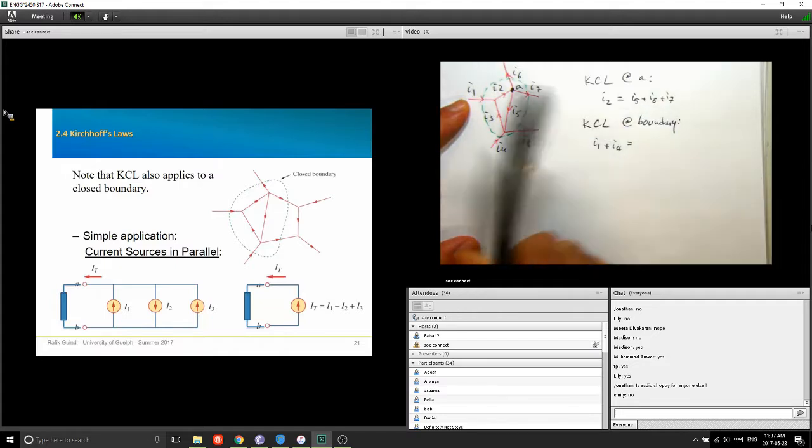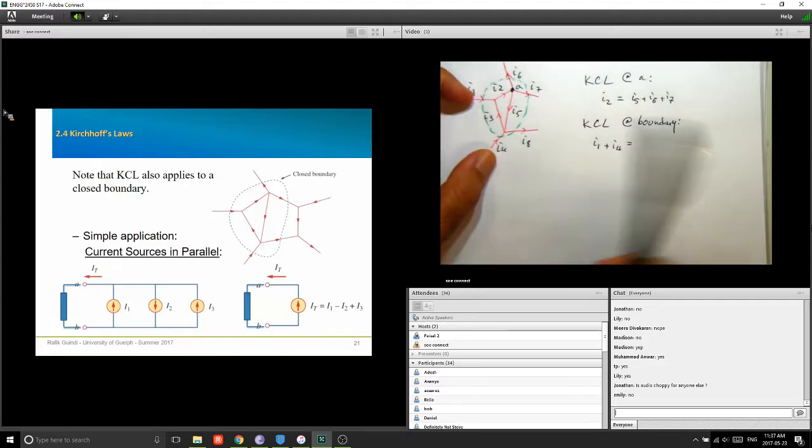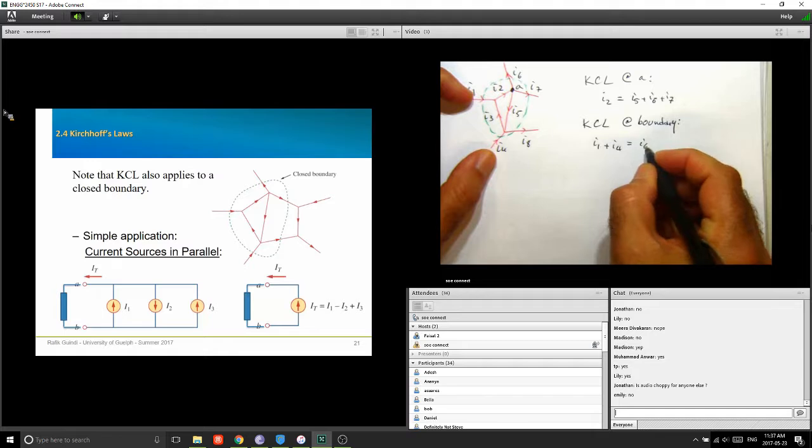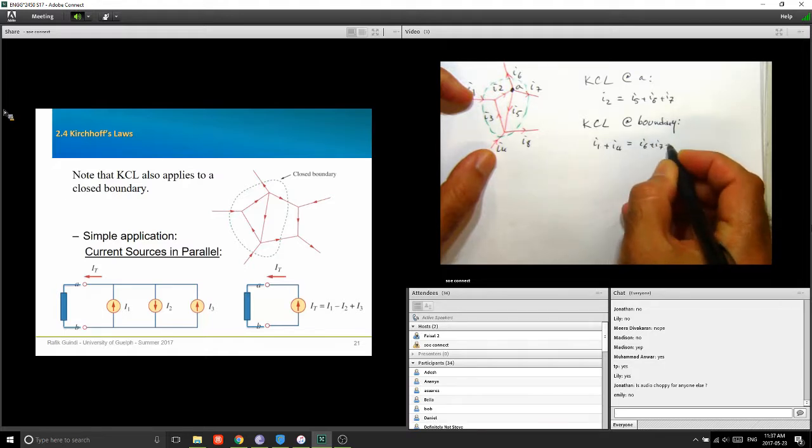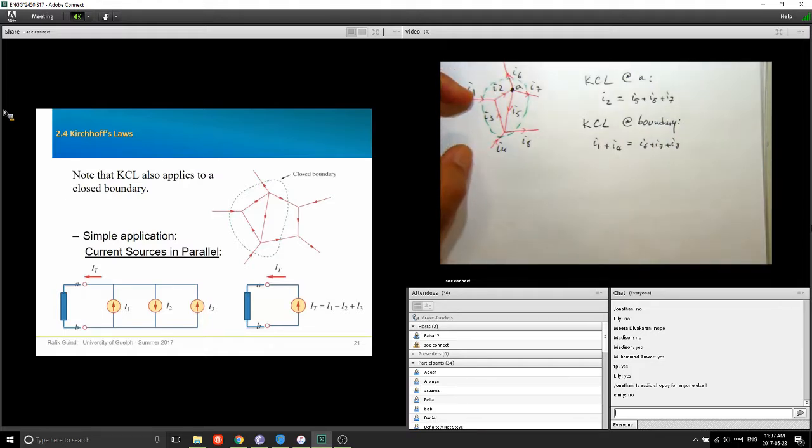These two are the currents entering the boundary. That's equal to I6 plus I7 plus I8. Okay? So this is how you would apply KCL around the closed boundary.